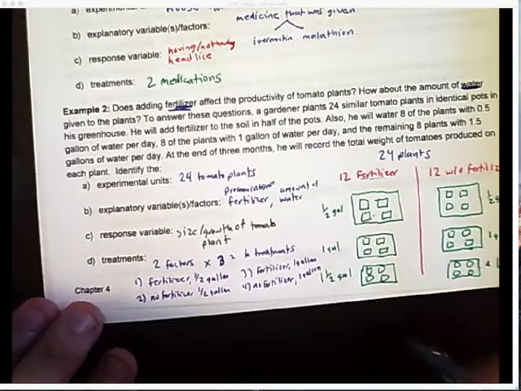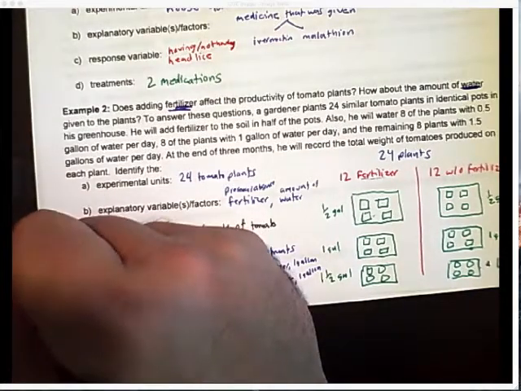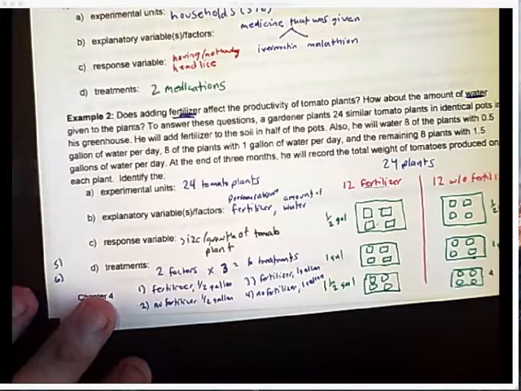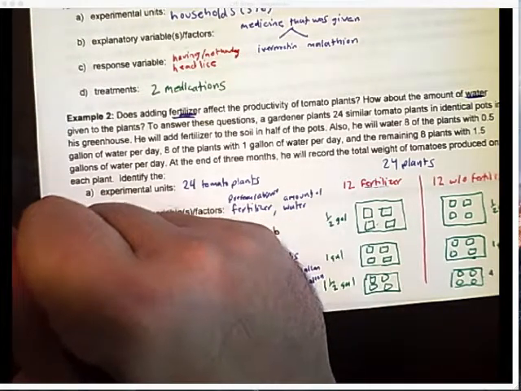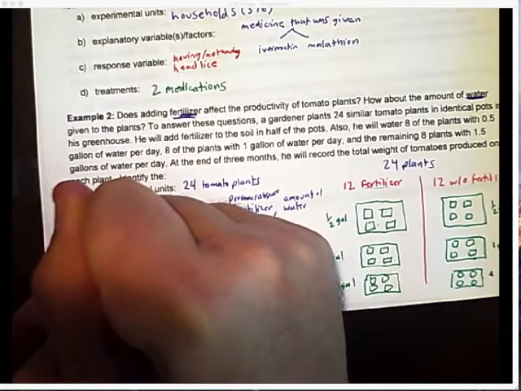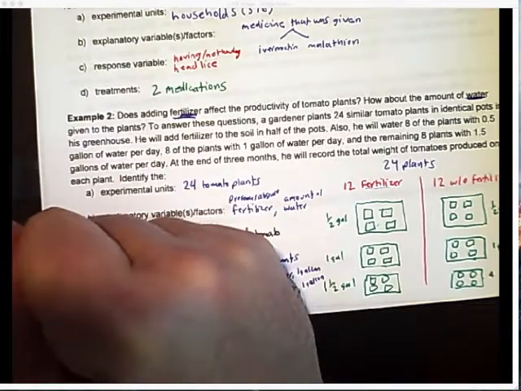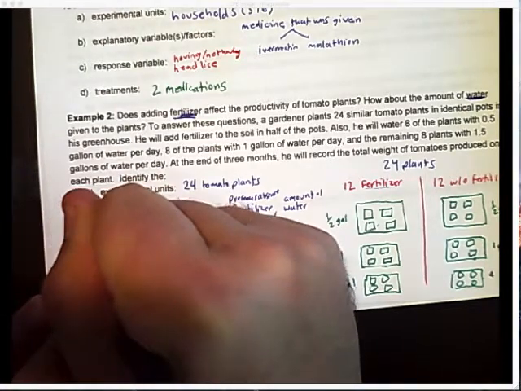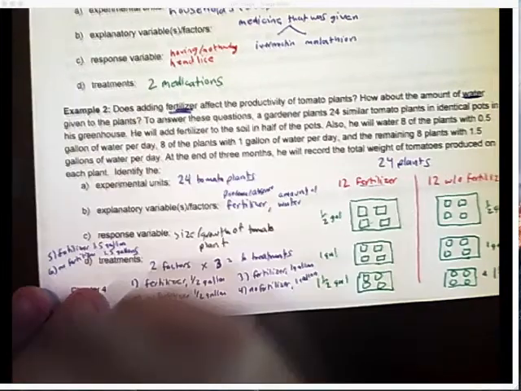And I'll put the other 2 over here, so 5 and 6. All right. So the last 2 are fertilizer with 1.5 gallons of water and no fertilizer with 1.5 gallons. Okay.